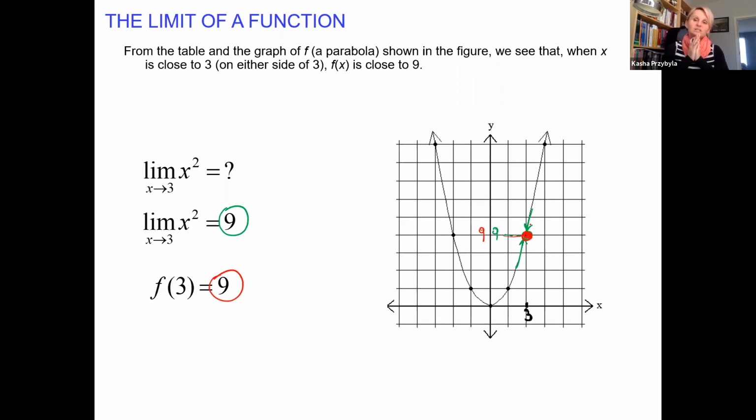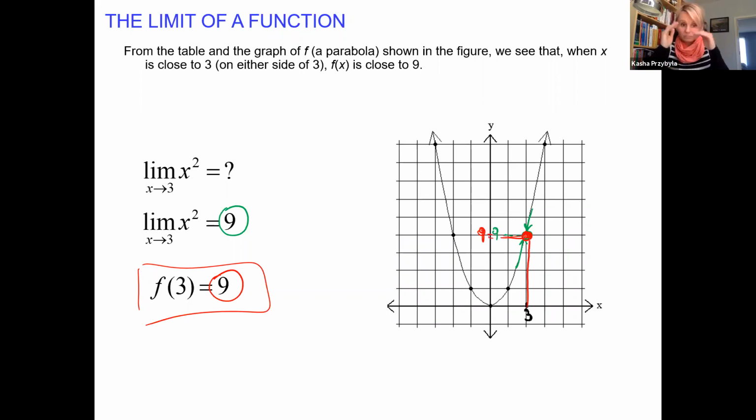Maybe you can watch this again, or you can digest this, you can read, of course, the section in the textbook. I really would like to tell you that the green 9 and the red 9 are a little bit different, okay? Because the red is just the value. We are exactly at 3, okay? And the value is 9.